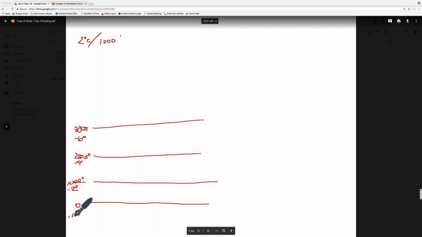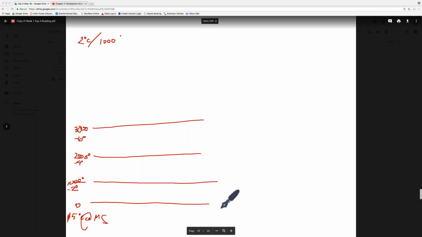So we have our standard temperature of 15 degrees C at MSL. And I'm really sorry, I wish I had an Apple Pen or something to where I could actually make this legible for you guys.